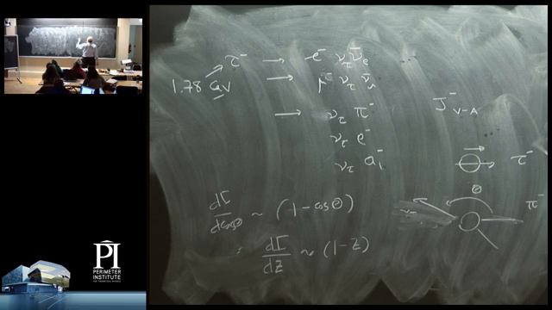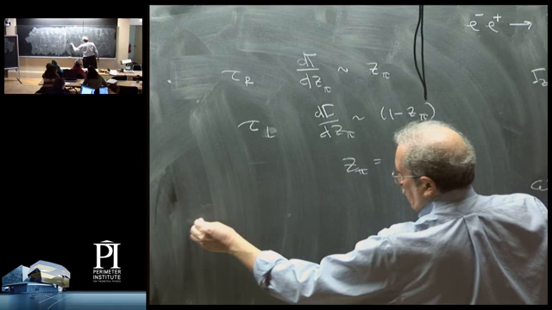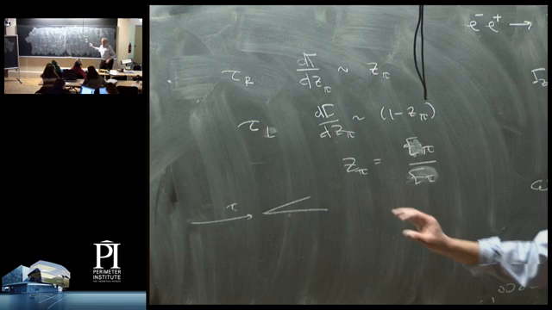And for a left-handed tau, d gamma dz pion is proportional to 1 minus the z of the pion, where z is the energy of the pion divided by the energy of the tau in a kinematics where everything is going forward very fast because the tau is very relativistic.